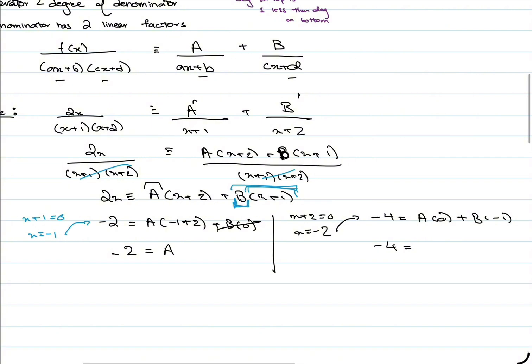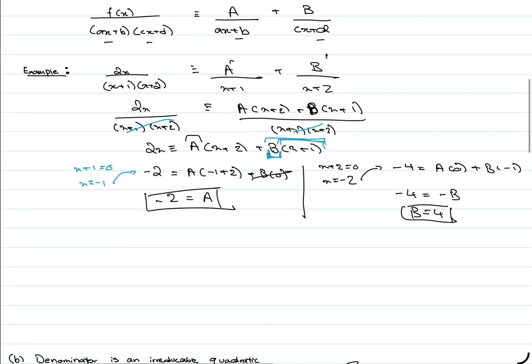Minus 4 is equal to minus b, so b equals 4. And we have our answer for the numerators of both. So we've decomposed this. 2x upon x plus 1, x plus 2 is equal to 4 upon x plus 2 minus 2 upon x plus 1. If you LCM the right-hand side, you're going to get the left-hand side.